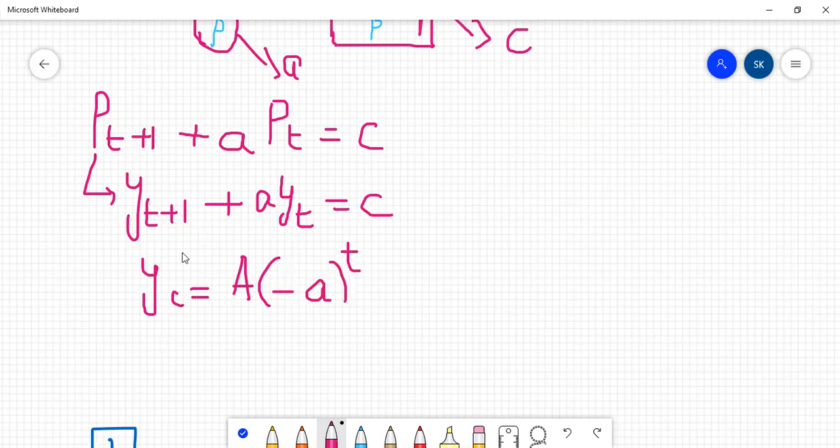We always get the complementary solution by putting c equal to 0. When we want to find the particular solution, we will not put this equal to 0. So yc = A(-a)^t, and yp = c/(1 + a).